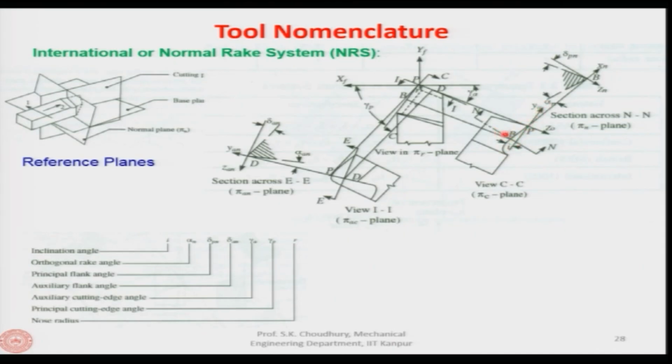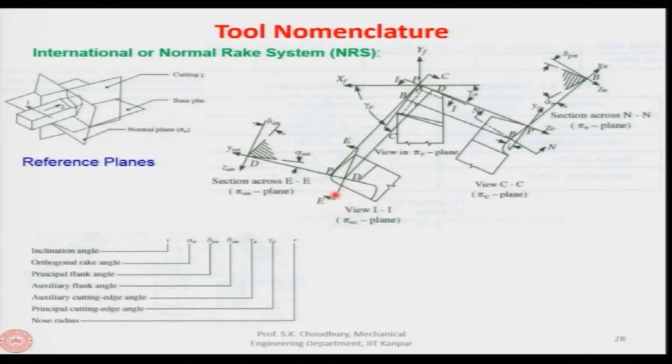This will be the tool inclination angle. So, this remains the same as in the case of the ORS. Next, another plane that you are taking is the plane which is containing the auxiliary cutting edge. This is the view of the plane which is containing the auxiliary cutting edge, we will call it as II.